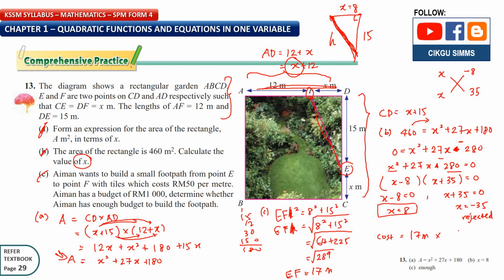And then 1 meter costs you 50 ringgit. So what is the cost? 850 ringgit. And then he has a budget of 1,000, so it's enough. So the answer would be enough.